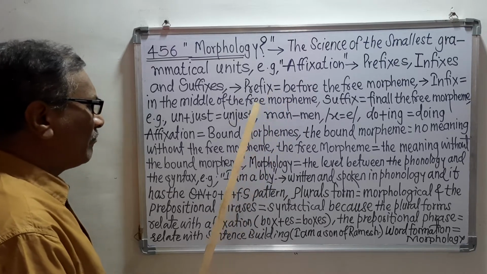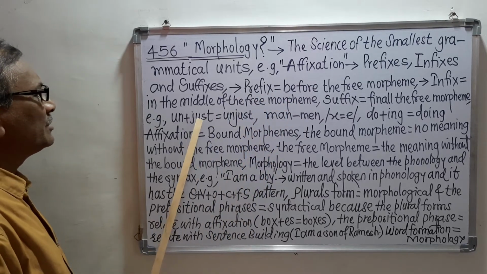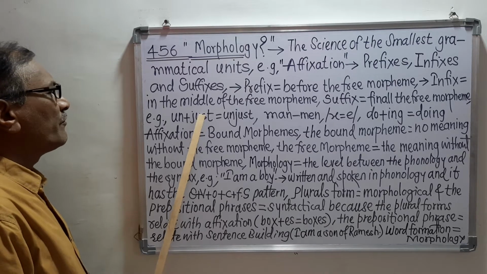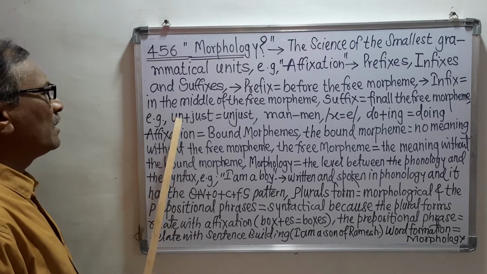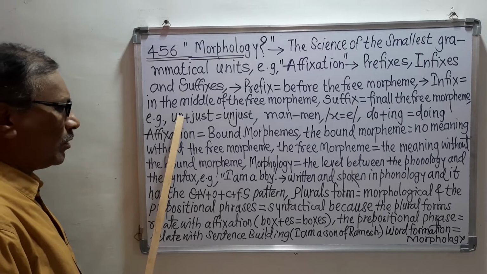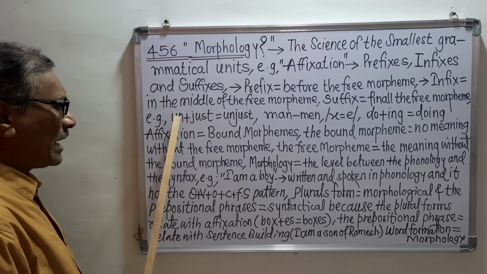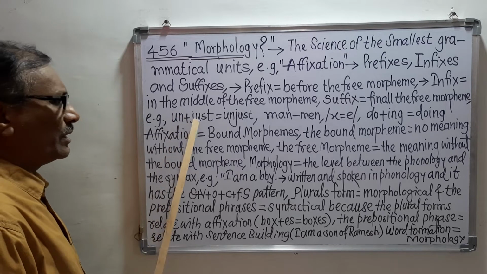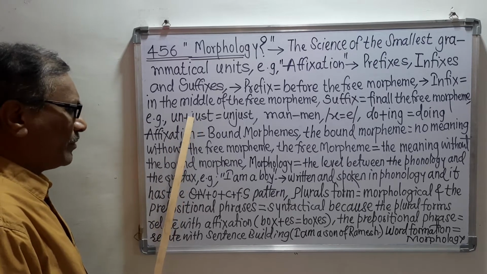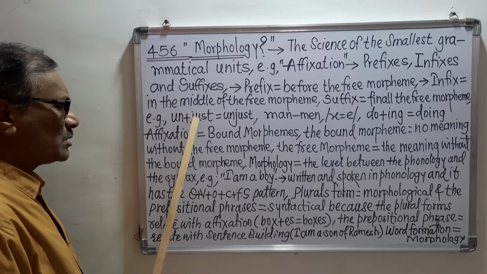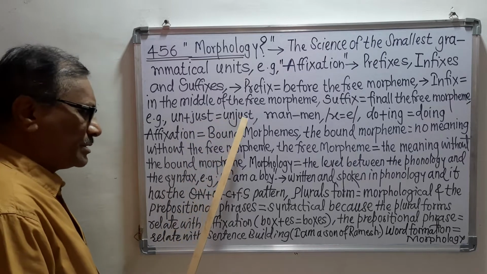For example, we will see that just is the free morpheme and un is the affixation, or this un is the prefix, because it has been added before the free morpheme just, and that's why un plus just has become unjust.